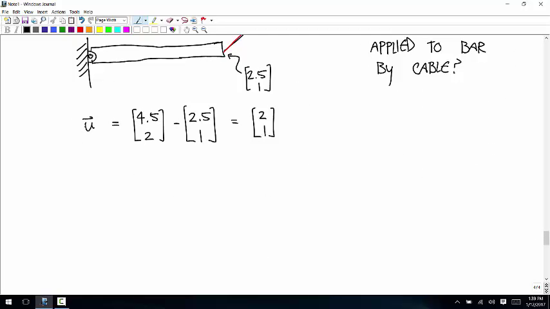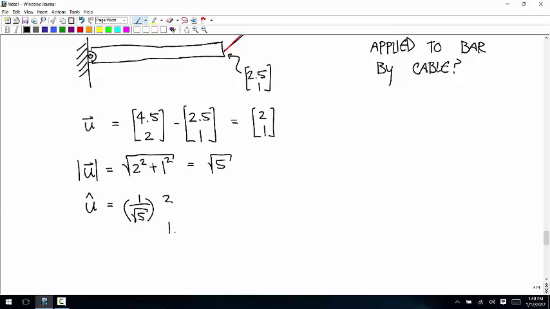And now we have to calculate the unit vector. So the magnitude first is equal to the square root of 2 squared plus 1 squared. So that's root 5. And so the unit vector is 1 over root 5 times the vector (2, 1).